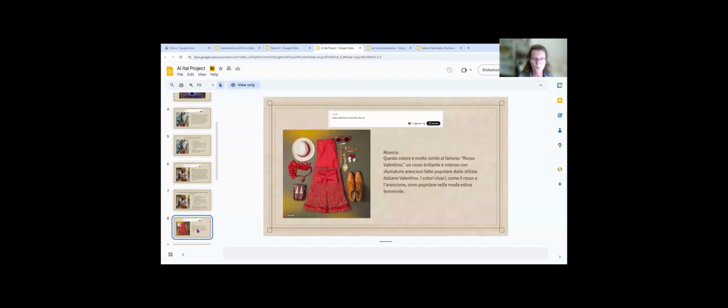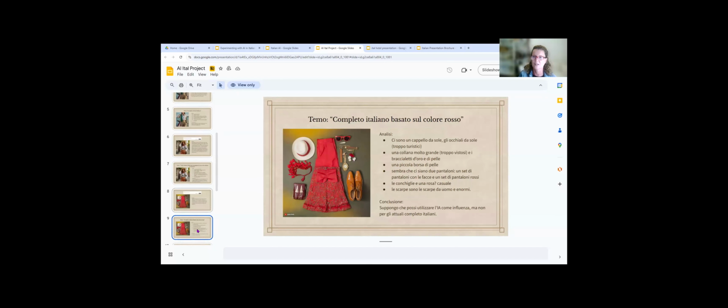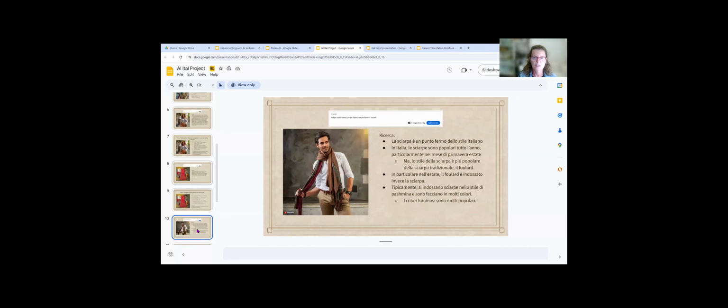And so this is what they discussed in the second slide. Their Italian skills were used to criticize and comment on the image that Adobe Firefly gave them: an Italian outfit based on the Italian way to fashion a scarf.